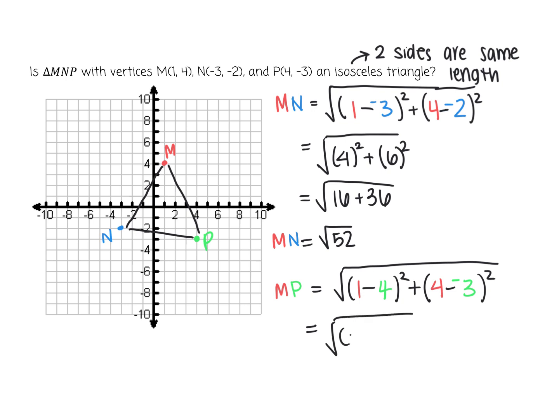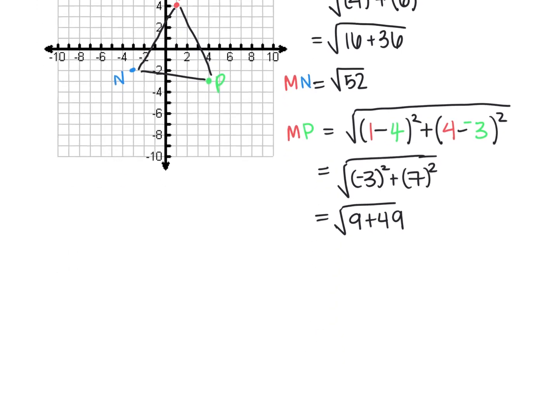We're going to have -3 squared plus 7 squared, which is going to give us 9 plus 49, which is the square root of 58.